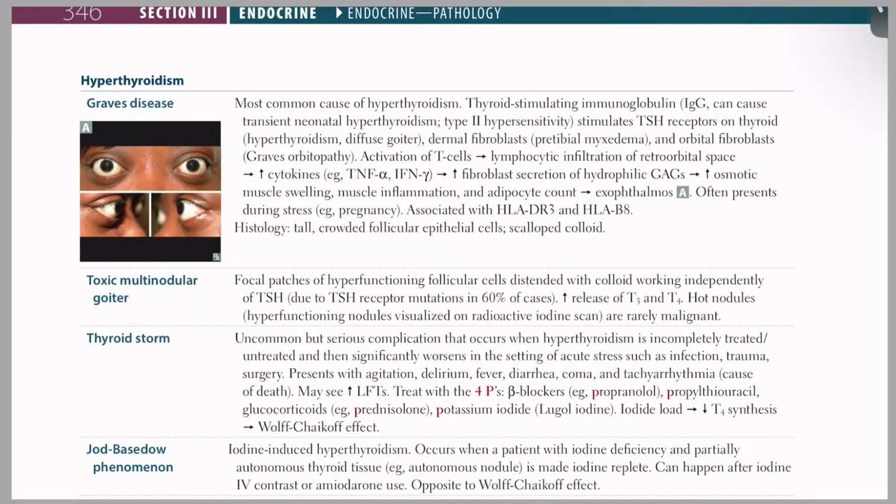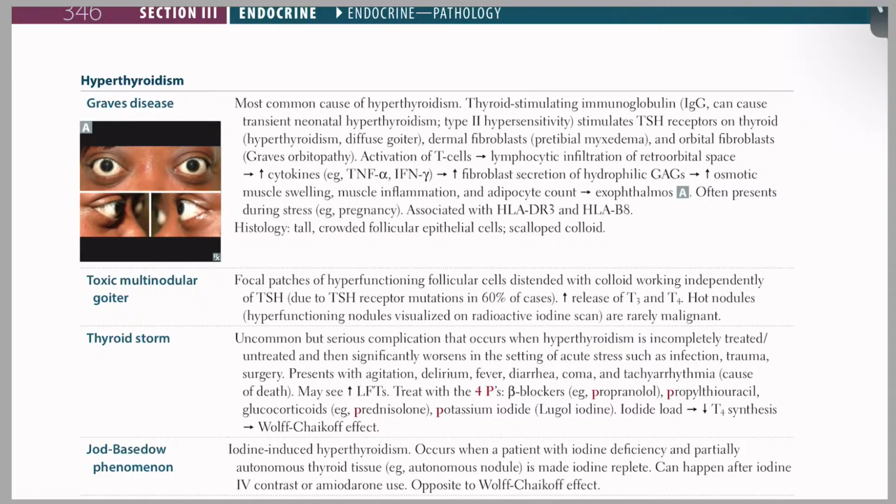This is about Graves' disease. Most common cause of hyperthyroidism, thyroid stimulating immunoglobulin IgG can cause transient neonatal hyperthyroidism, type 2 hypersensitivity.